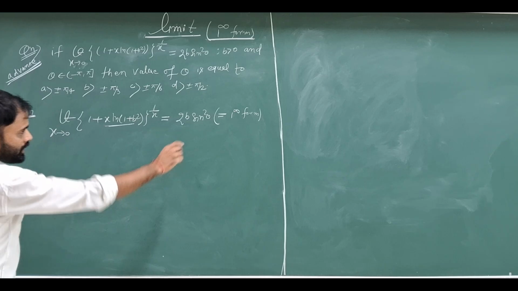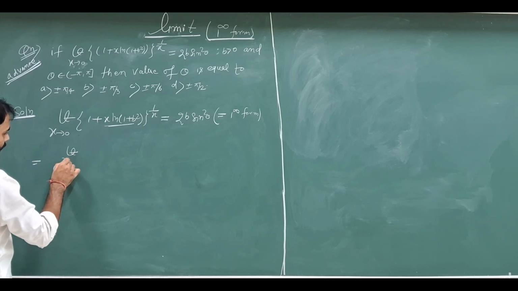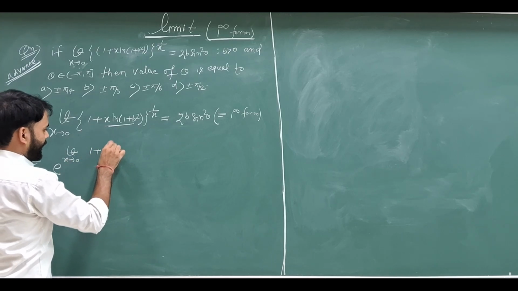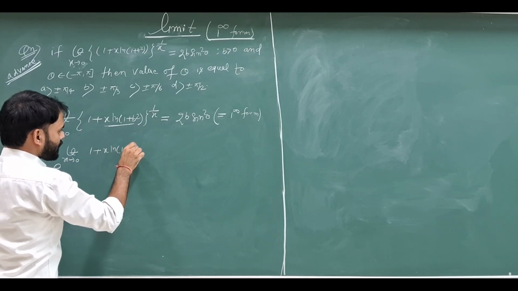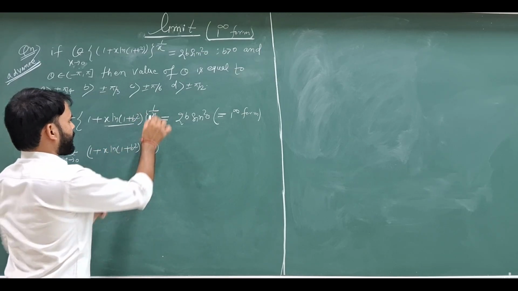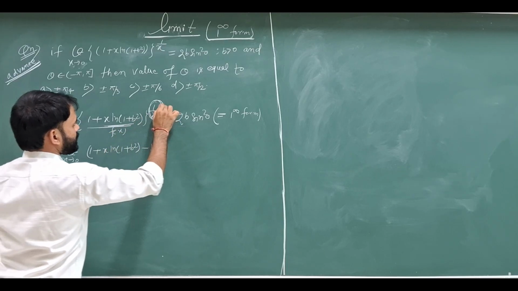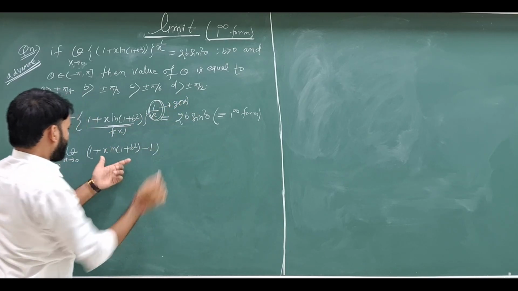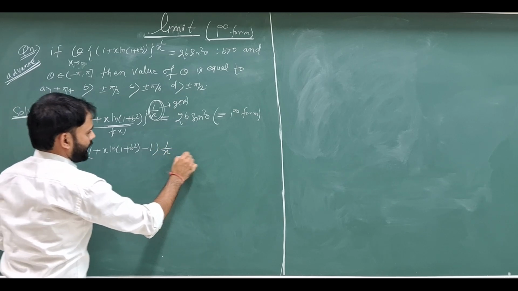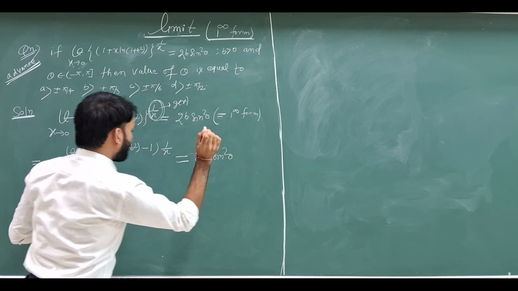You can apply the formula: e to the power limit x tends to 0 of (fx minus 1) into gx. Here fx is 1 plus x ln of 1 plus b square and gx represents 1 by x, and this quantity equals 2b sin square theta.